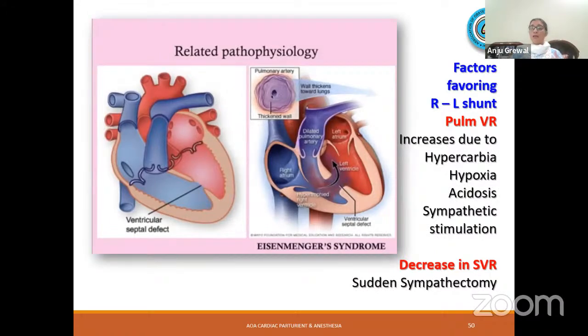And there is an underlying increase in the pulmonary vascular resistance and pulmonary arterial hypertension. Now, these, especially during labor, can shift the shunt from left to right to a right to left shunt and lead to cyanosis, and therefore it is known as Eisenmenger syndrome.